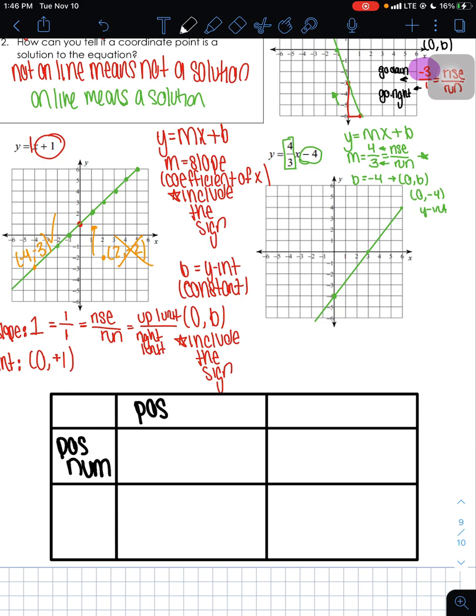Okay. In this case, NUM is going to be denoted to represent numerator.